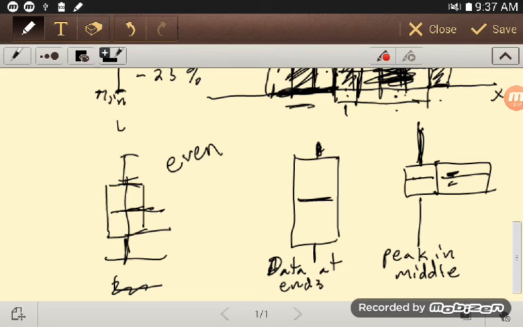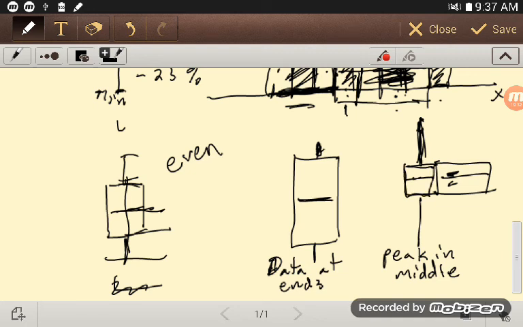Okay, so most of the distributions we're going to work with will tend to have the hump in the middle, and so our box plots should actually have pretty long whiskers with smaller boxes.